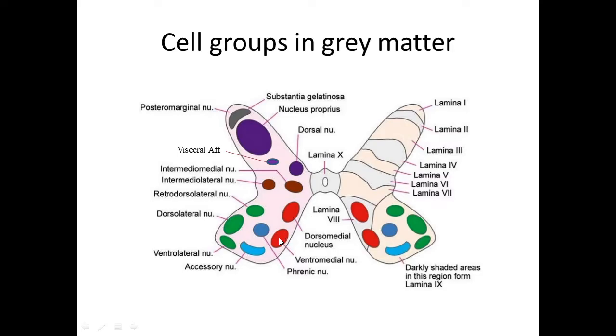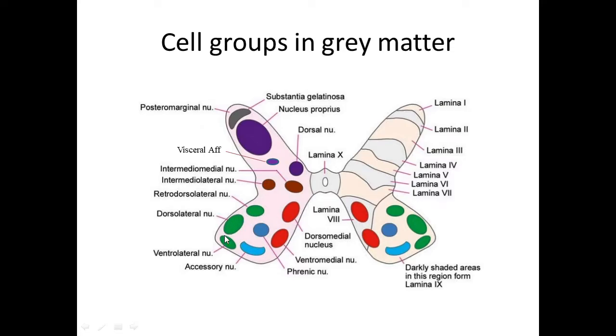This medial group is divided into two nuclei. This is the ventromedial nucleus, and this is the dorsomedial nucleus. So there are two nuclei, ventromedial nucleus and dorsomedial nucleus.